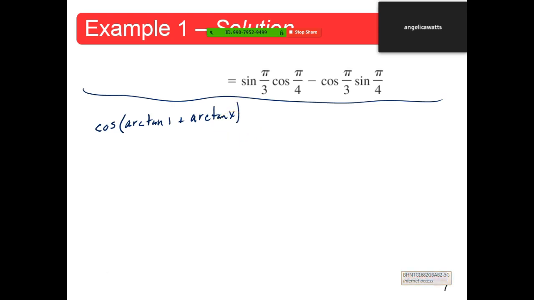Whoa! Wait a minute here. Can you even do this? What do you take a cosine of, or any trig function of? You take them of angles, right? What is an arctangent anyway? Give me an equivalent expression to arctangent 1.